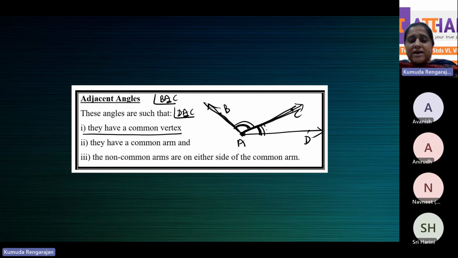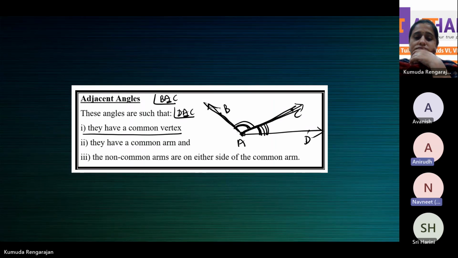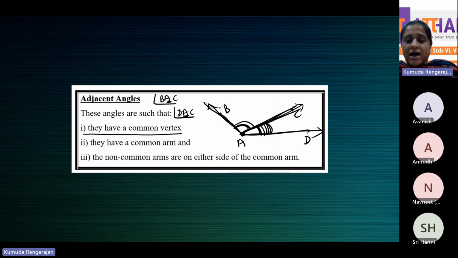And what are the arms of this angle? AC and AD. Now the arms of this angle are AD and AC, and of this angle are AB and AC. So both the angles have a common arm AC.